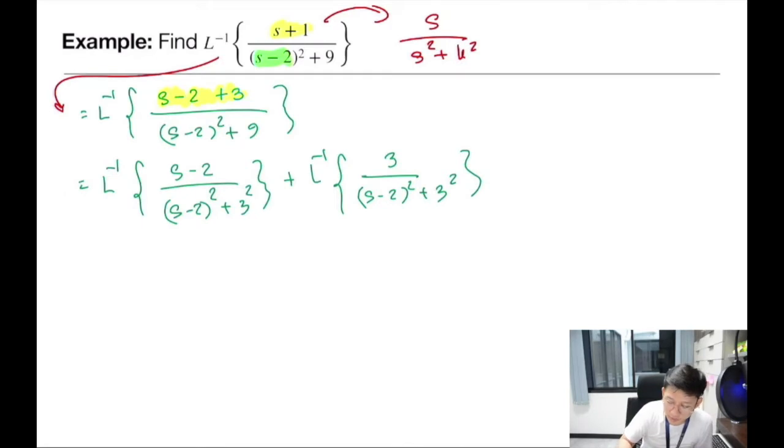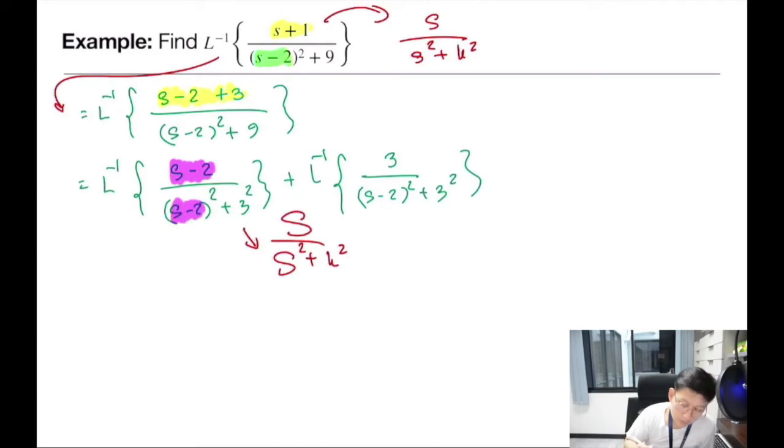So this one is s divided by s squared plus k squared, that is the form when you look at this as s. And this one is k divided by s squared plus k squared, when you look at this as s. So you need to shift it.